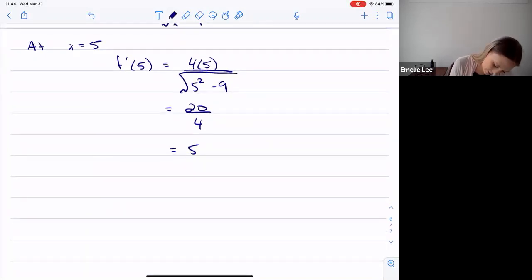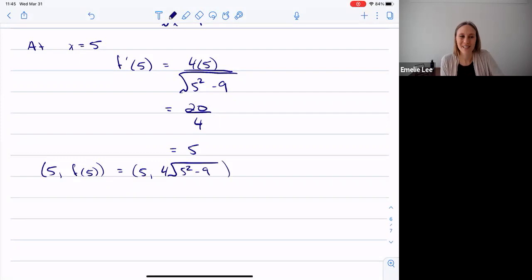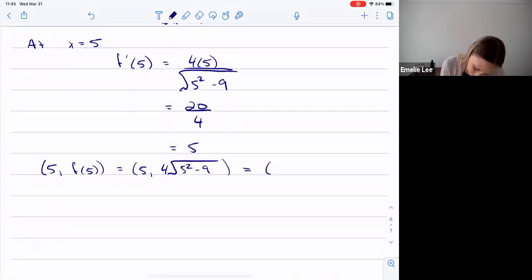And at x equals 5, the point that we have is 5, f of 5. Well, f of 5 is 4 times the root of 5 squared minus 9, which we actually just found to be 4 times 4. So the point that we have is (5, 16).